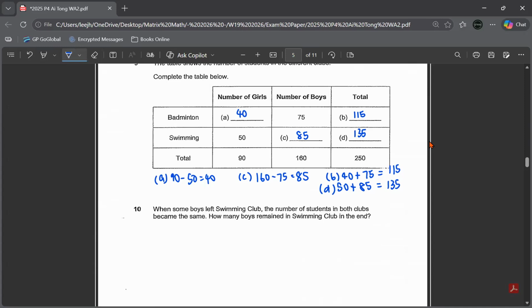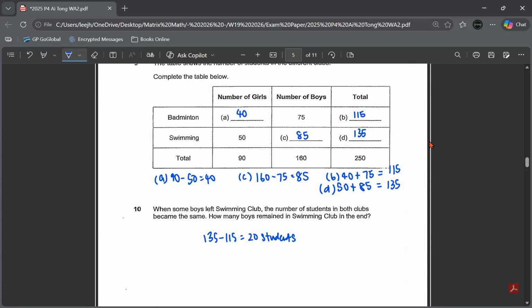So what is the difference between them? So between badminton and swimming, there's a difference of 135 minus 115, 20 students.